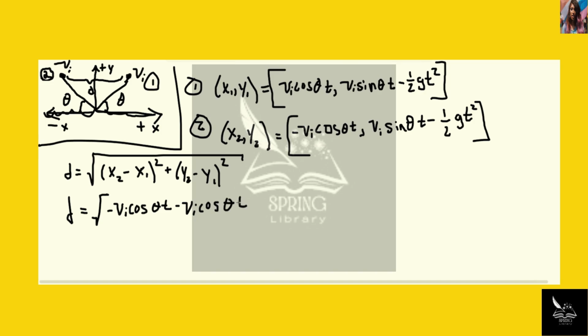You can put those together in here and squared, and then plus y2 minus y1. So the vi sine theta t minus 1/2 g t squared.